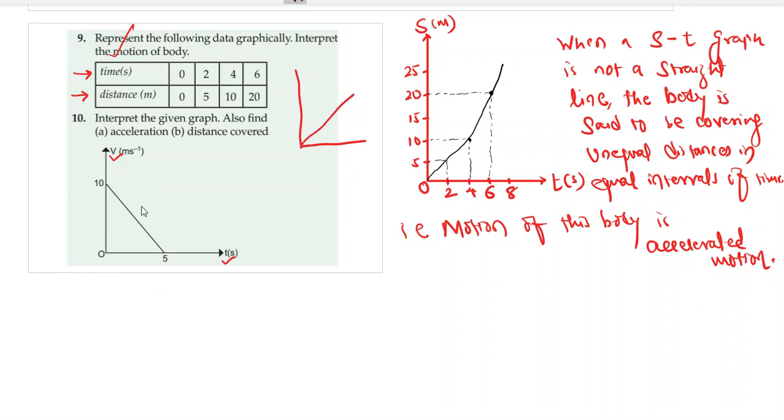I will call this line declined line. So this is inclined, this is declined. Inclined means positive acceleration. Declined means negative acceleration.